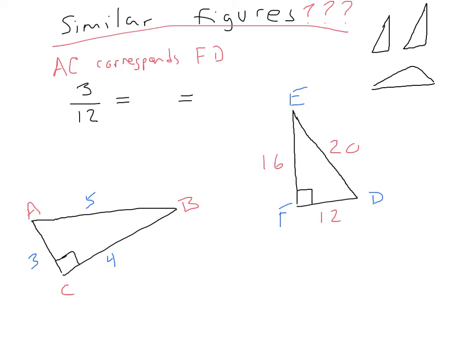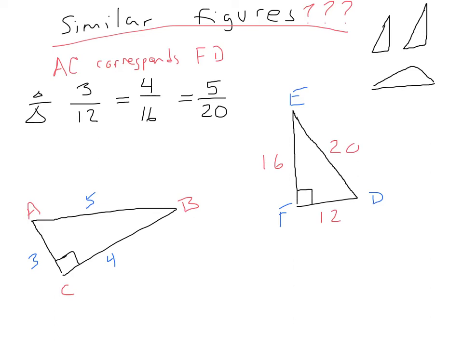So if these things are indeed similar, 3 must match with 12 in the same way that 4, the other leg of this right triangle, must match up with the 16. And again, we're pulling from the small one to the big one right now, seeing if they're within the same ratio. And 5 from the small corresponds with 20 from the big.